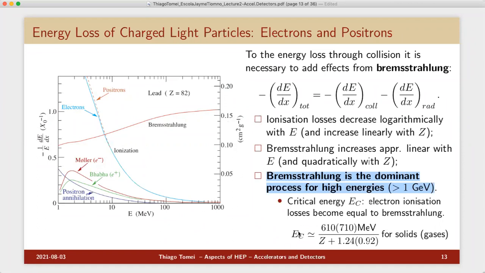For electrons, this is more or less well described by this formula here for solids, for loss of energy of an electron going through a solid or through a gas. But for 1 GeV electrons, so relativistic electrons, bremsstrahlung is already essentially all of it.